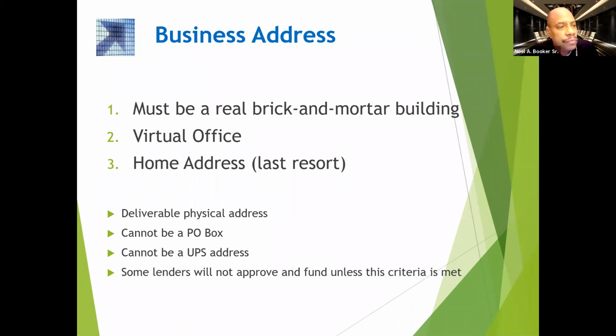So we're talking about business addresses and the 3 options that you have. The second one that we're on right now is the virtual office, a virtual address that you can get for as low as $50 a month. And they'll sell you other stuff like the office space.